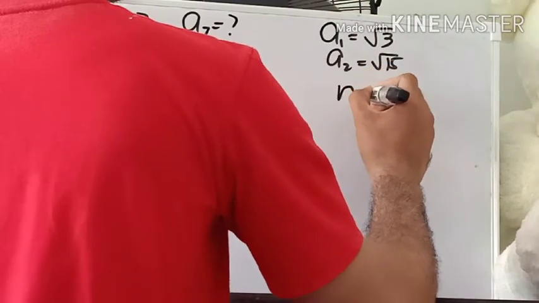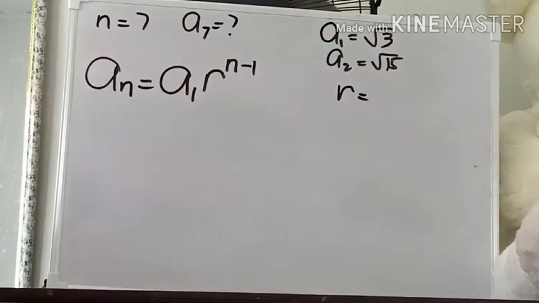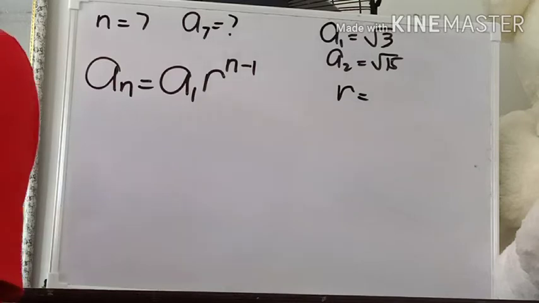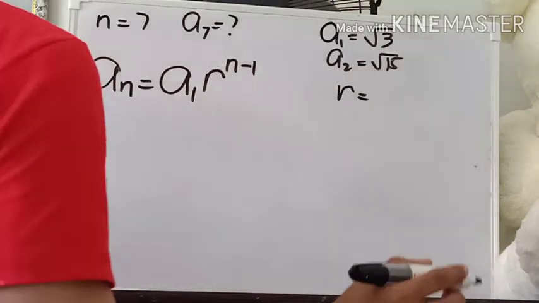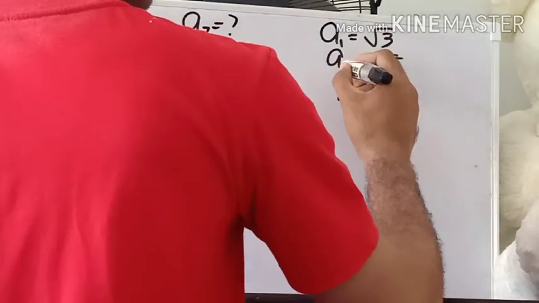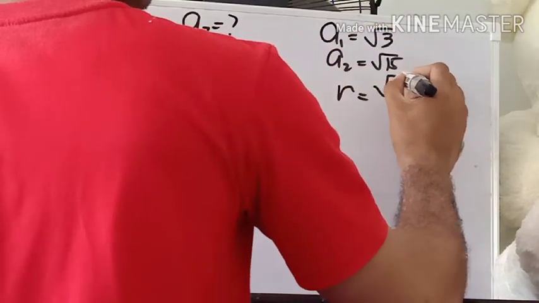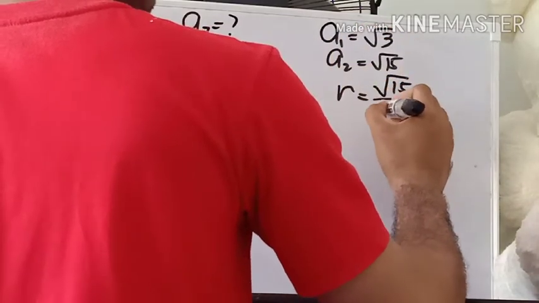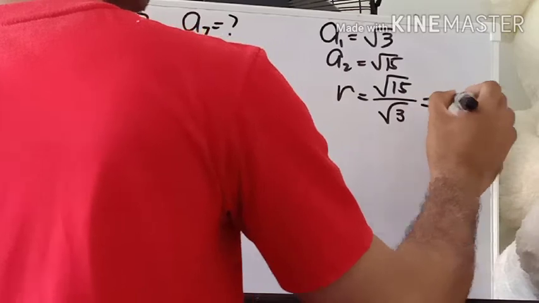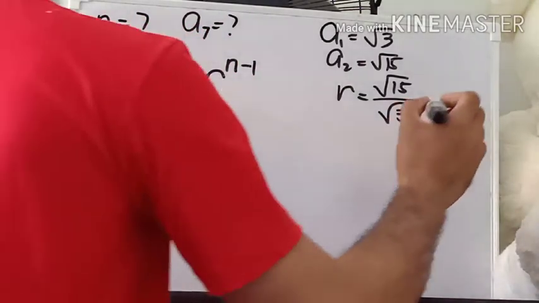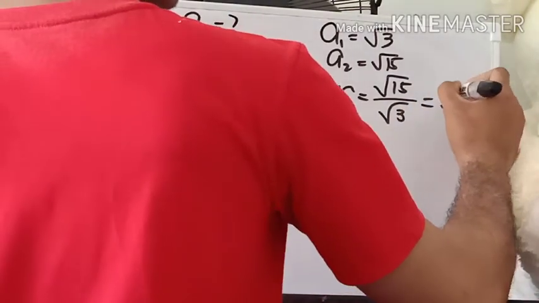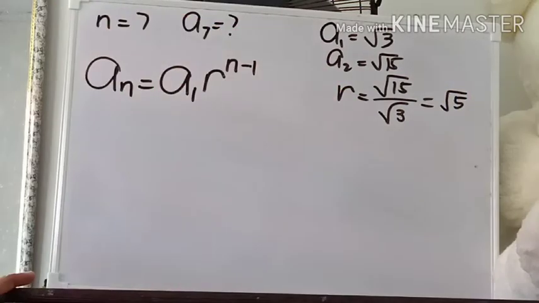The common ratio is the quotient of a term divided by its preceding term. So the common ratio will be the second term divided by the first term, which is square root of 15 divided by the square root of 3. And the quotient is obviously the square root of 5.